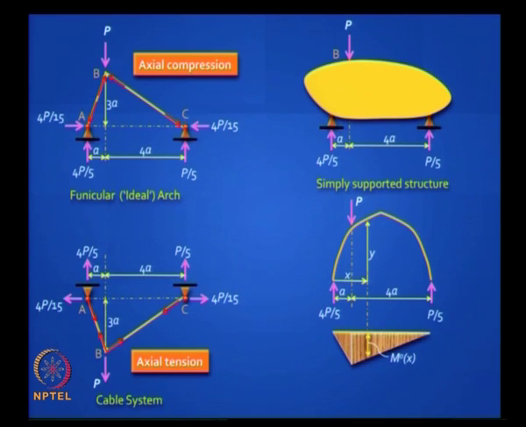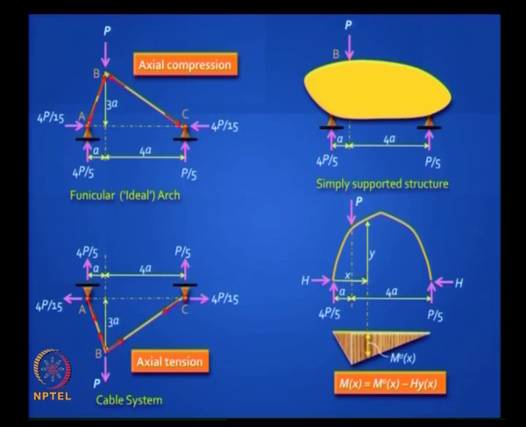Now if you are able to generate a horizontal reaction at the two supports, then that has a tremendously beneficial effect, because at any section you get a hogging moment, which is that horizontal reaction times the height y, and your net moment at any section is now reduced, this free moment or the sagging moment M naught x minus the hogging moment H into y.